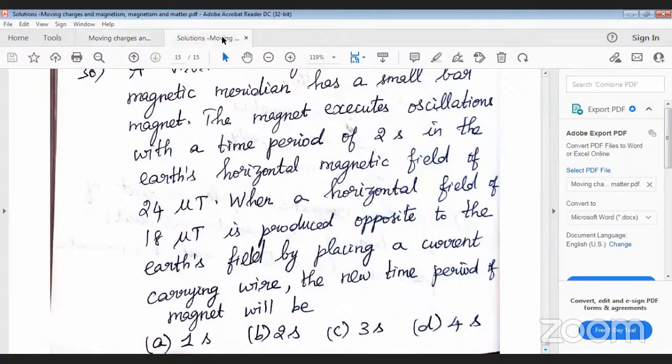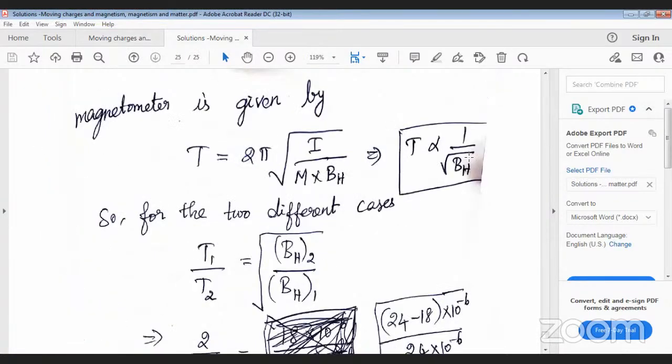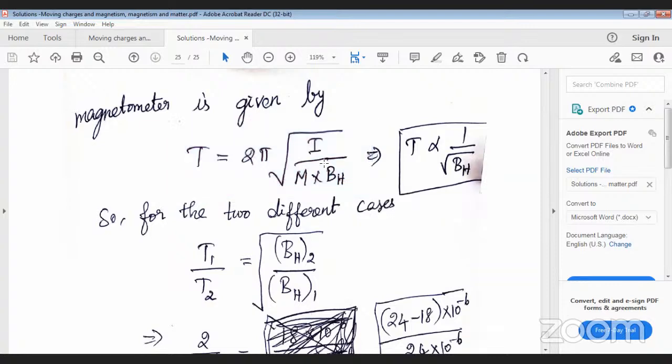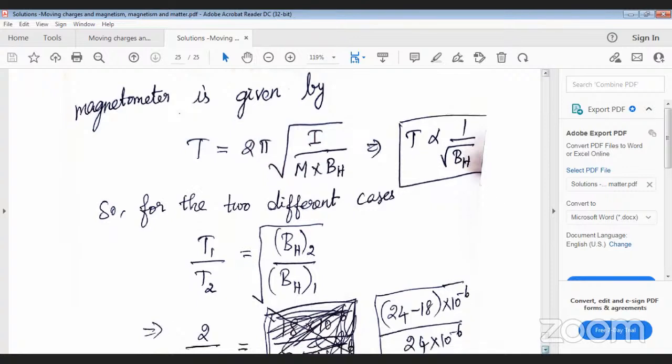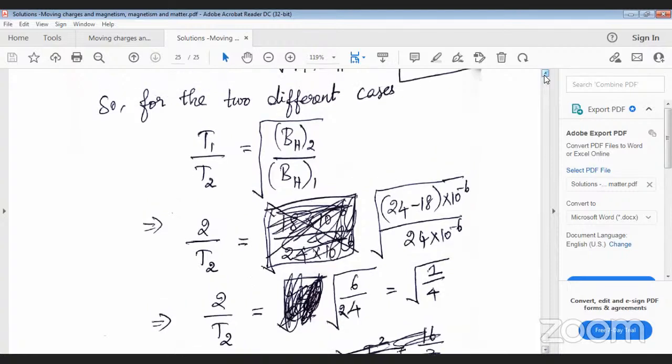We have the formula T equal to 2 pi root of I by M into BH, which we discussed earlier. So the time period is inversely proportional to the square root of BH. In the question they have given two scenarios, T1 and T2.